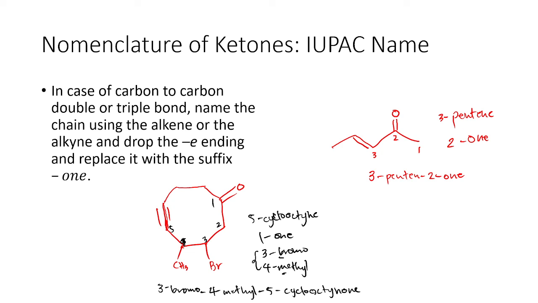So mukhang may nagtataka na naman sa inyo. Sir, bakit hindi mo ngayon ginamit yung position 1 or hindi mo nilagyan ng 1 ONE dun sa dulo? So basically, since sabi nga natin kanina, kapag cyclic analog yung ginagamit natin at yung cyclic analog natin ay meron tayong carbonyl compound, hindi na natin kailangang i-mention yung pangalan ng carbonyl compound as long as yung carbonyl compound natin ay magte-take precedence dun sa lahat ng ibang functional group.